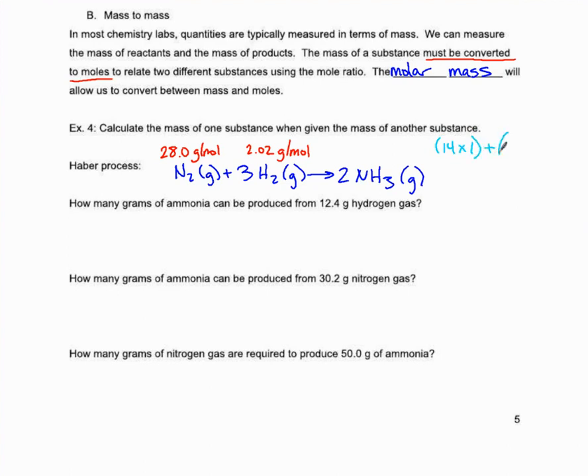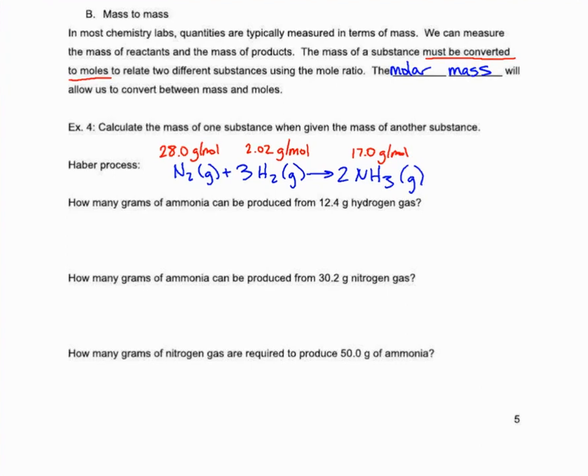And I know that there are 3 hydrogens, and this will give you the same answer. It comes out to 17.0. And so I would recommend starting to do it like this. This is 17.0 grams per mole.